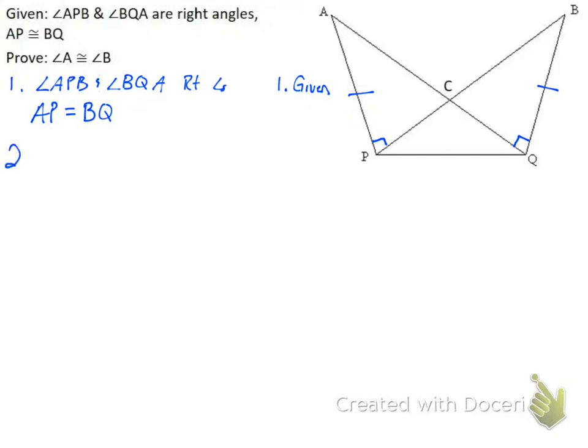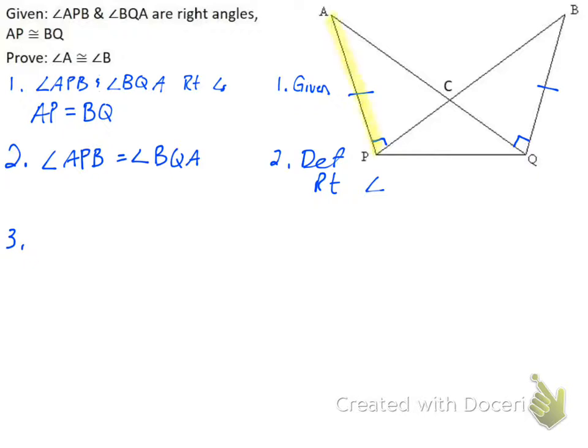So, when I do this with my second step, if I know that APB and BQA are both right angles, I know that angle APB is going to be equal to angle BQA by definition of right angle. So to look at this, I've got an angle and a side, and this is one that has an extra little segment in there.